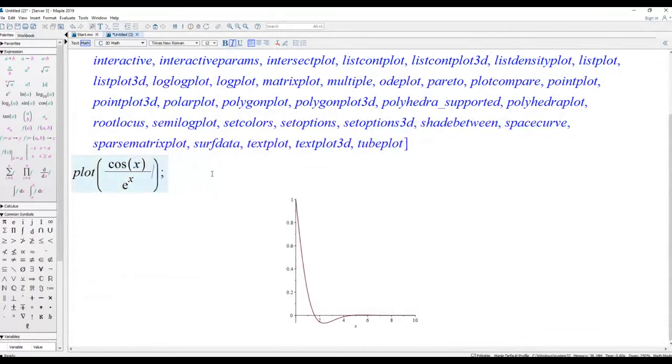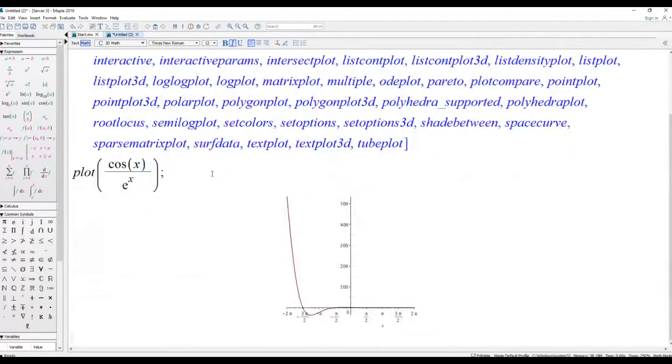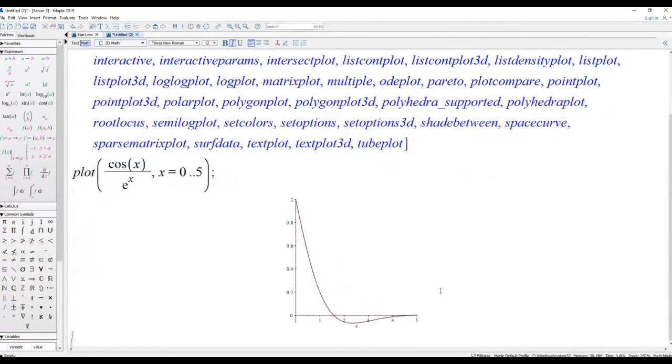What happens if we just let Maple decide? Well, we definitely wanted it, but x equals 0. Let's say 5. Okay, 10. There you go. That gives you some idea of the plot command, right?